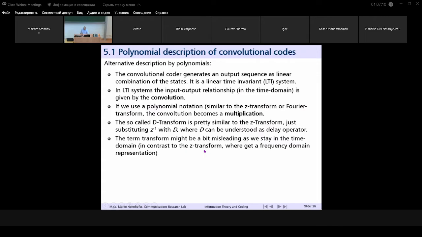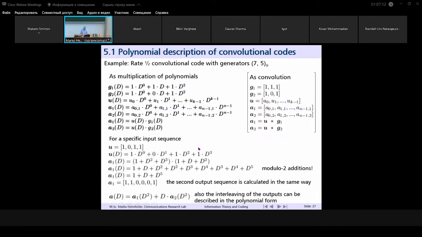Sometimes the convolutional codes are also described by polynomials. So if you see this somewhere in a book or a publication, a polynomial description, just for completeness, I also explained to you how to interpret this and how to get the connection to our octal description of generators.